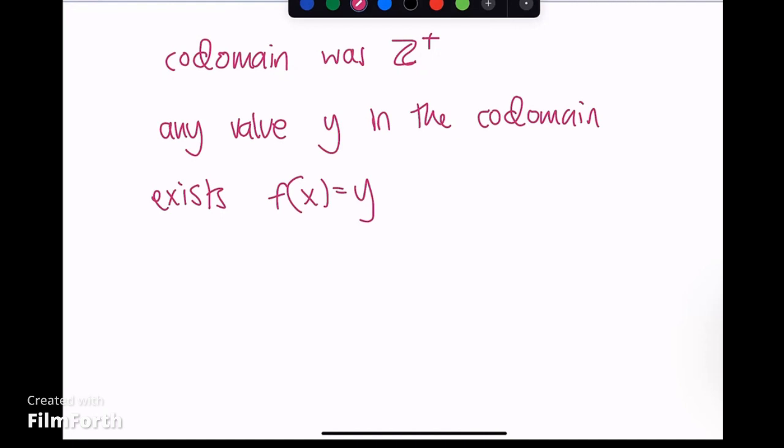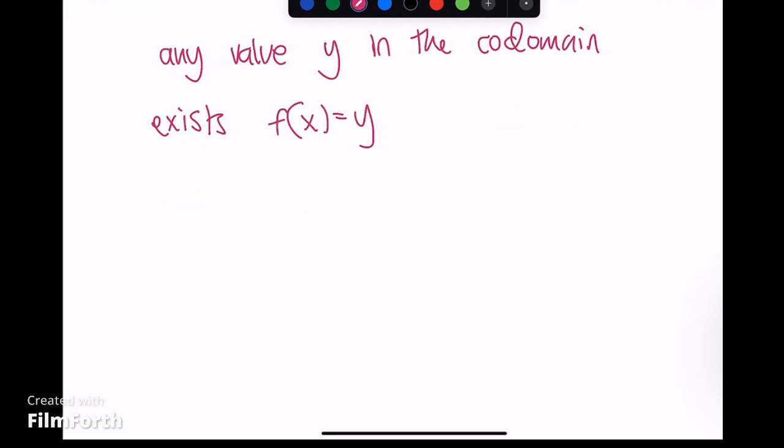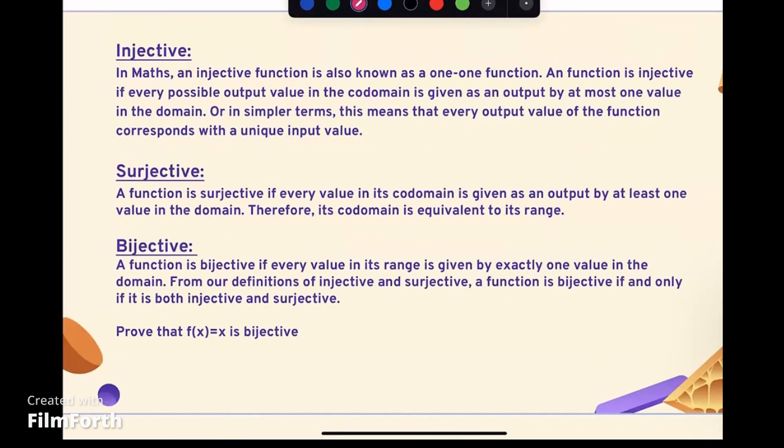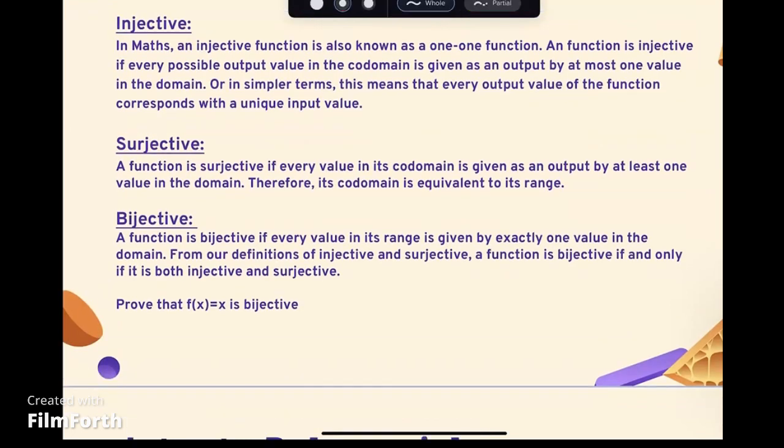Let's move on to the last bit, which is bijective. A function is bijective when it is both surjective and injective. That means it has to satisfy both that the codomain is equivalent to the range and that it's a one-to-one function, so that each output has a unique input.